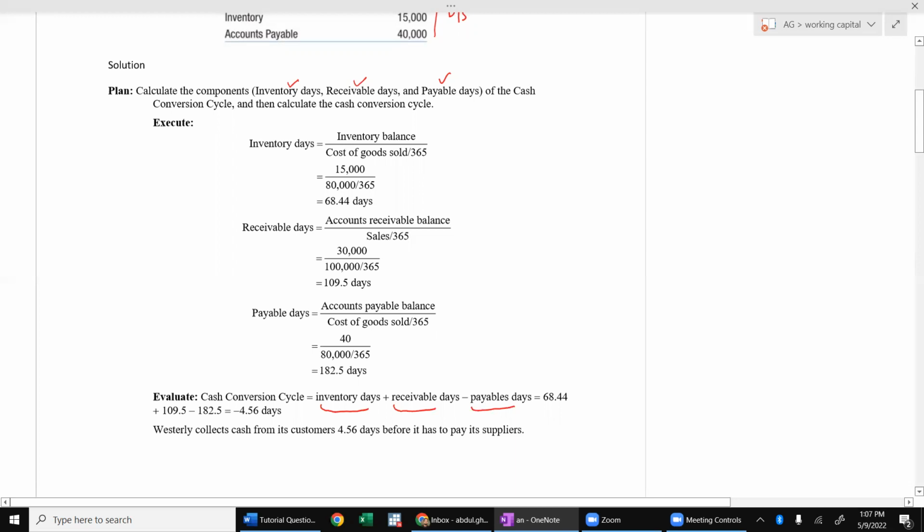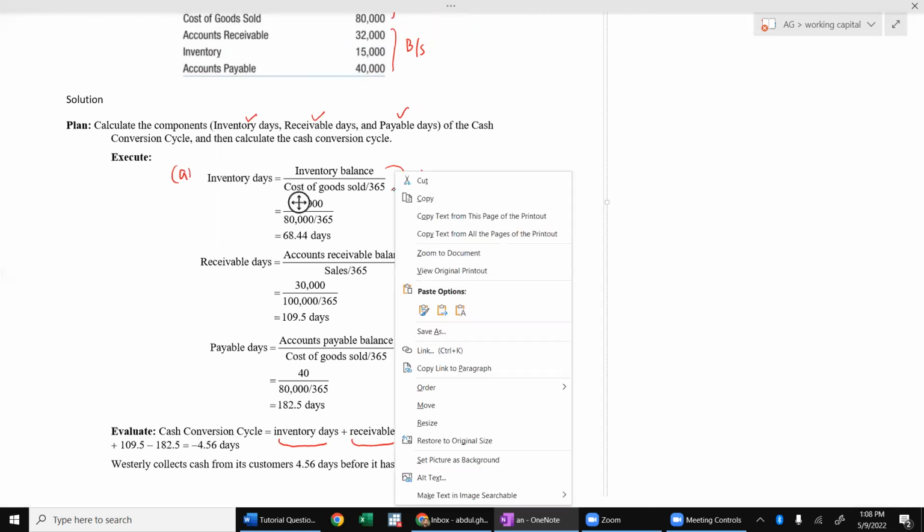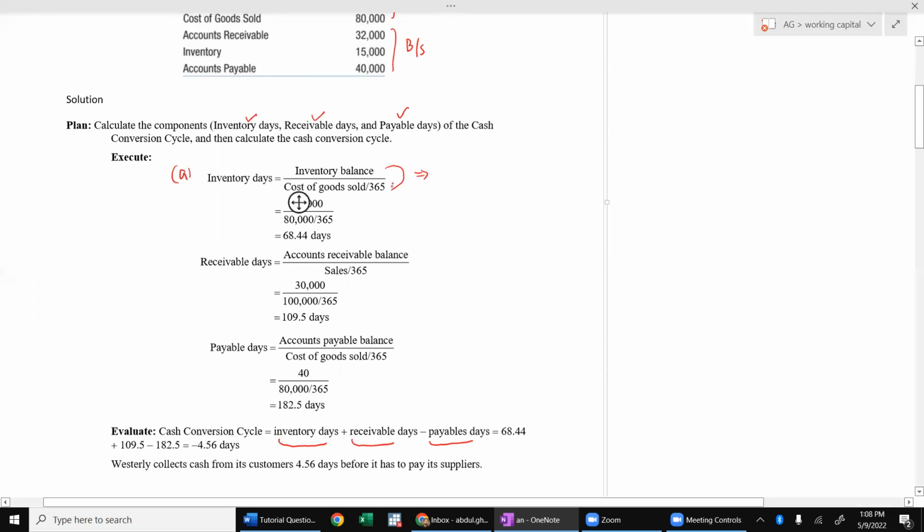First of all, what is the formula for the inventory days? Inventory days mean how quickly you convert your inventory into cost of goods sold or final product.